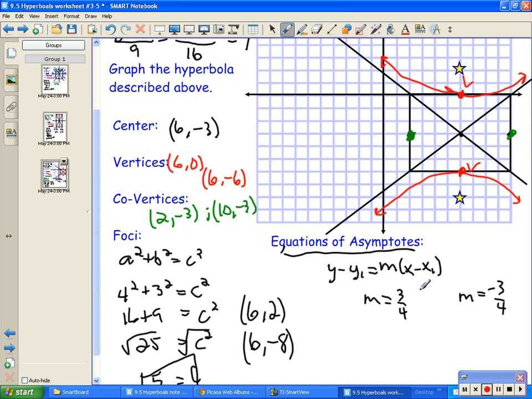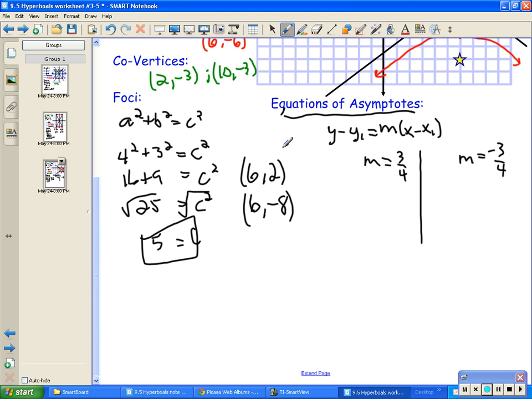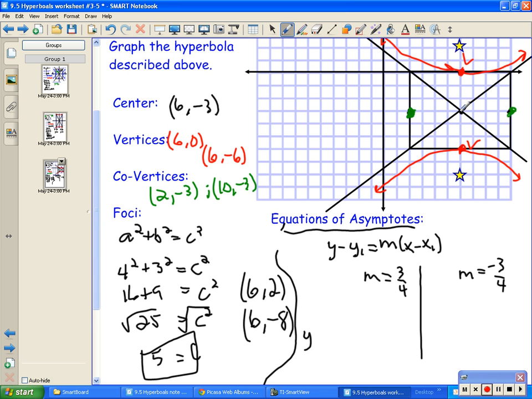Okay, so let's divide this into two different parts. We're going to have two different equations for lines, and let's give ourselves a little bit more room to work. Okay, so it's going to be y minus, and let's pick a point on that line. I guess the easiest one is the center. We know the center is at 6, negative 3. And so we'll use negative 3 for y1. So y minus negative 3 equals the slope times x minus, and then the x-coordinate of the center is 6.